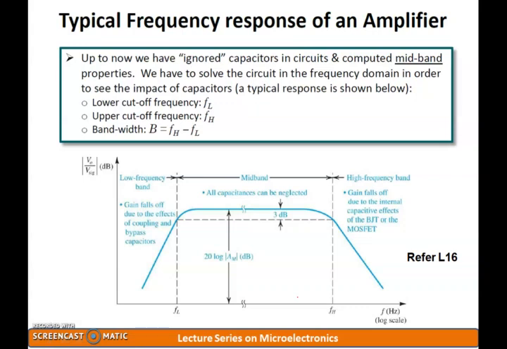We are specifically more interested in the midband, where the gain is retained constant. We are not worried about the lower band frequency. We are much more concerned with the midband and the higher band frequency FH, because FH typically defines up to what maximum frequency a particular amplifier can be operated without having a 3 dB roll-off in its midband gain.